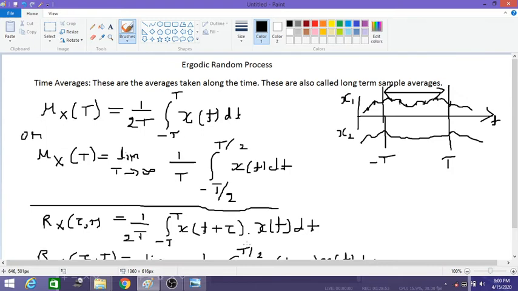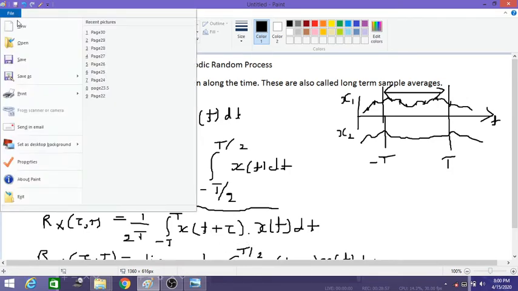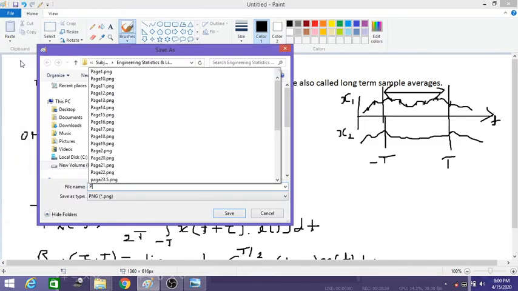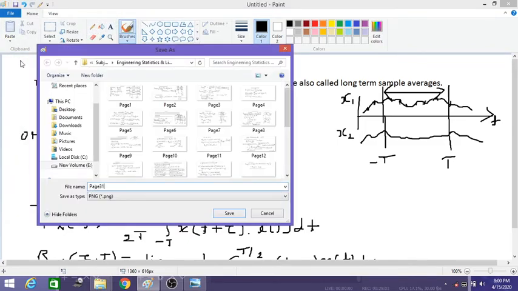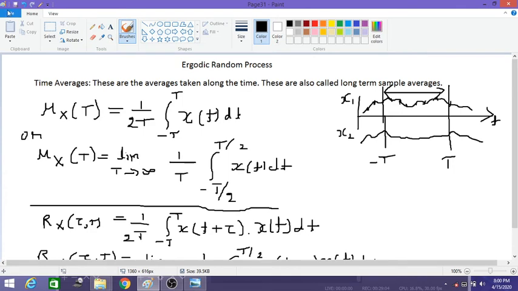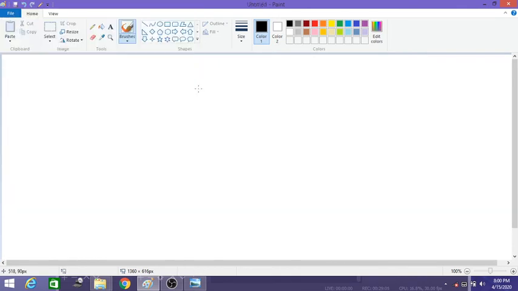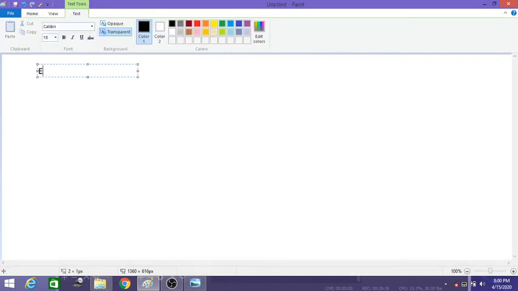Now let us define this ergodic process. Let me save this page here. So this is page number 31. Now come back to our ergodic process. So let me define this here.